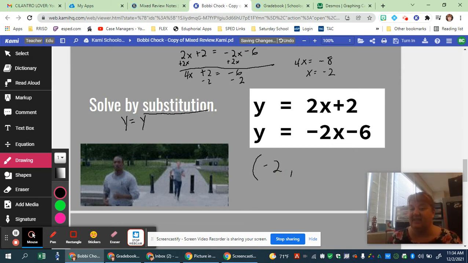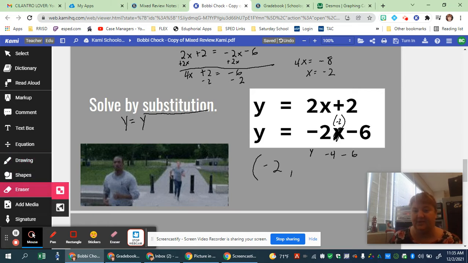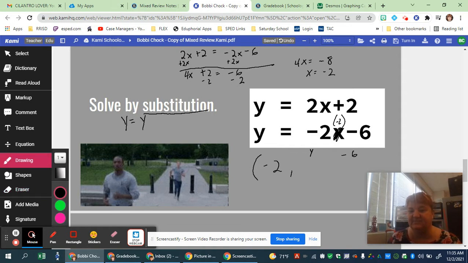So I have one side, negative 2. I can just plug that negative 2 in. Let's just plug it in right here. Instead of x, we're going to say negative 2. So we have negative 4 minus 6 is y. Oh, I'm sorry, this is 4. See, I always make mistakes. Because negative 2 times negative 2 is 4, y equals 4 minus 6, which is negative 2.